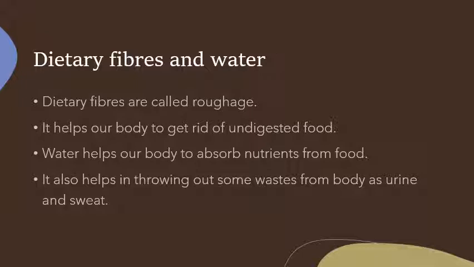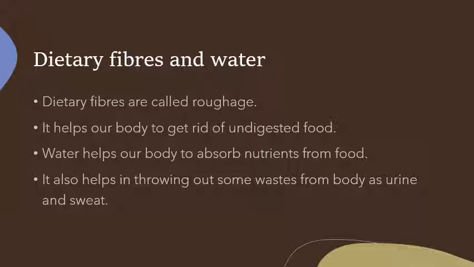Whole grains and pulses, potato, fresh fruits and vegetables are the main source of this roughage. Roughage does not provide any nutrients to our body, but it is an essential component of our food and adds to its bulk. This helps our body to get rid of undigested food.